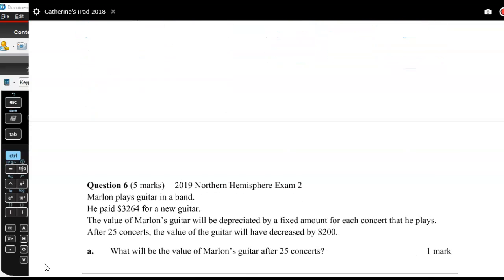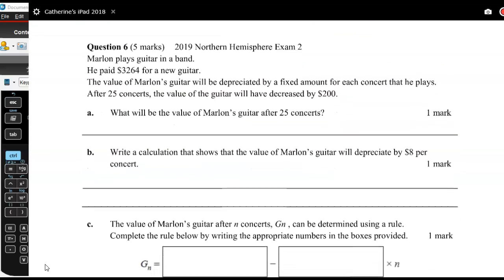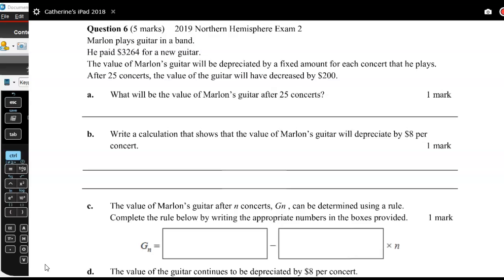Okay, so next up we have an extended response question. This is from the 2019 Northern Hemisphere exam 2, question 6. Marlon plays guitar in a band. He paid $3,264 for a new guitar.